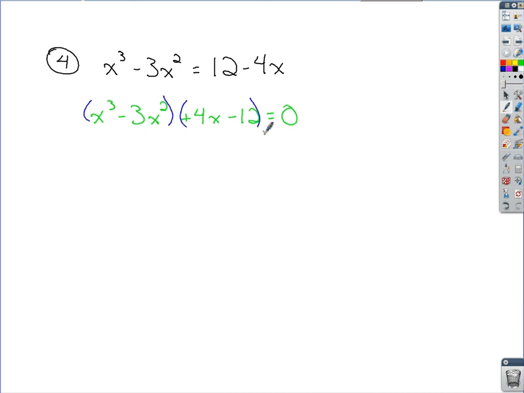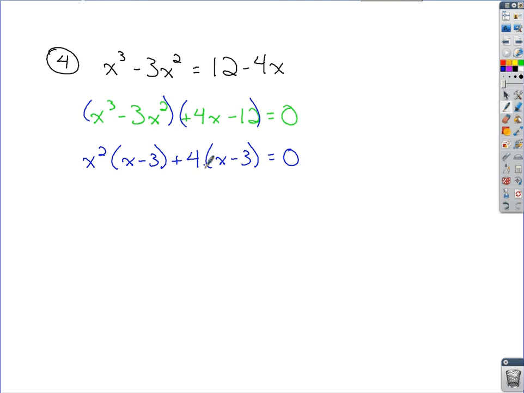If you group these, in the first grouping we pull out an x squared, leaving us with x minus 3. If this is going to work, in the second grouping we also need an x minus 3 left over. That would work, it looks like here, if we pull out a 4, a positive 4.